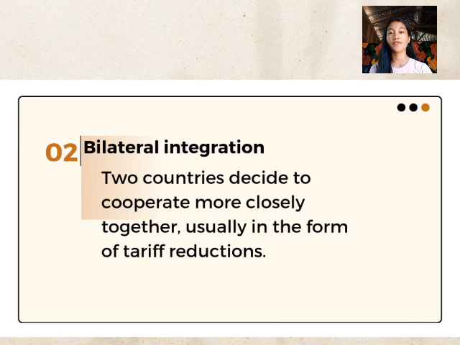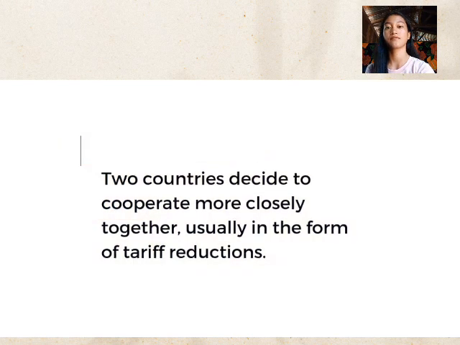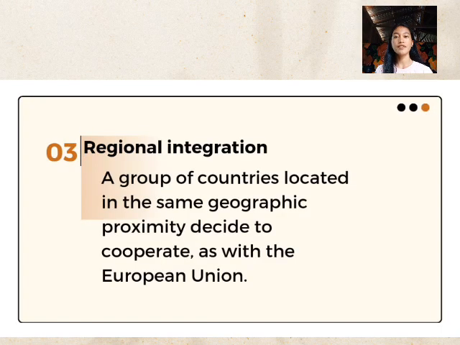It eliminates tariffs and trade barriers for a wide range of products, fostering economic cooperation between these two entities. While Turkey is not an EU member, this arrangement demonstrates how bilateral integration can enhance economic ties between countries or regions. Last one is number 3, regional integration.